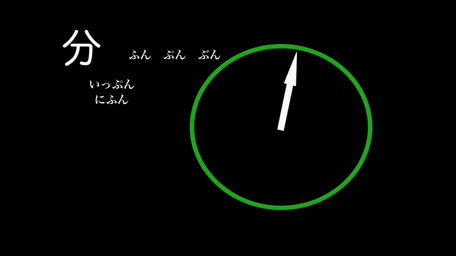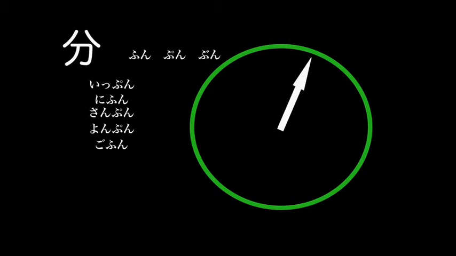Nifun, 2 minutes. For 3, because it has san on the end, we actually use the pun ending. San pun, 3 minutes. 4 minutes, same thing as 3 minutes. Yon pun, 4 minutes.